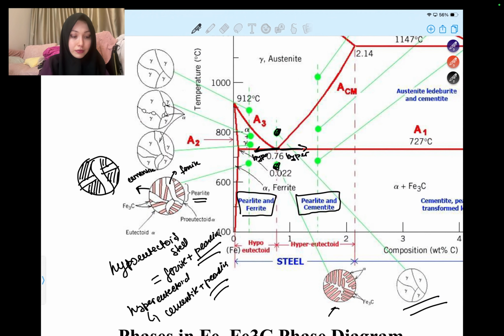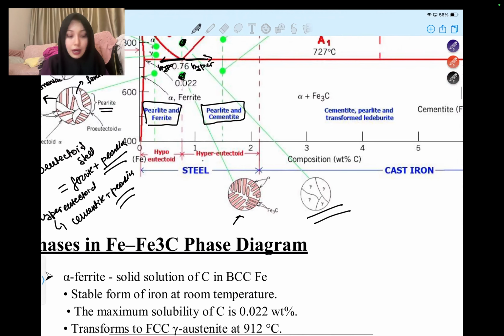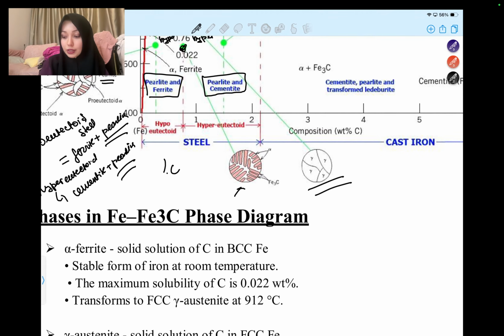Then what we have? Let's talk more about hypereutectoid steel. So in hypereutectoid steel, the carbon composition is more than 0.76 percent, right? An example is 1% carbon steel. So it has extra carbon, therefore it has extra cementite, right?